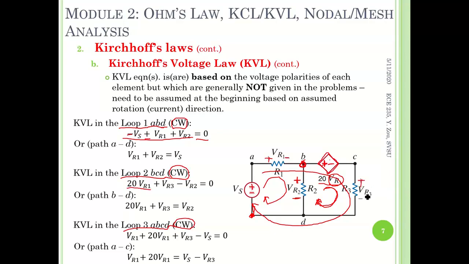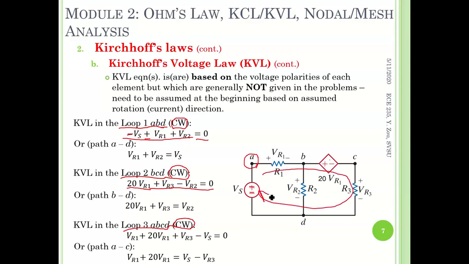Next, positive and then negative, VR3, so positive VR3. The last one is VR2. According to the label here, we come across negative polarity first, followed by positive, so it's negative VR2. Sum them all together equals 0. Last, loop 3, clockwise direction. We begin from node A here and rotate this way.